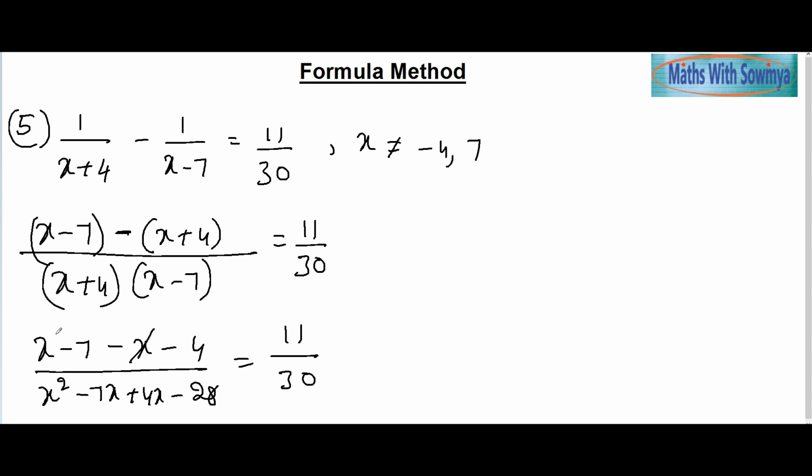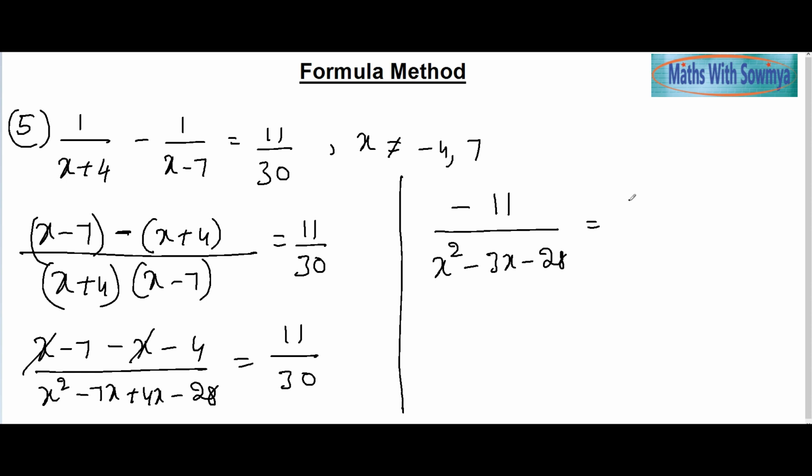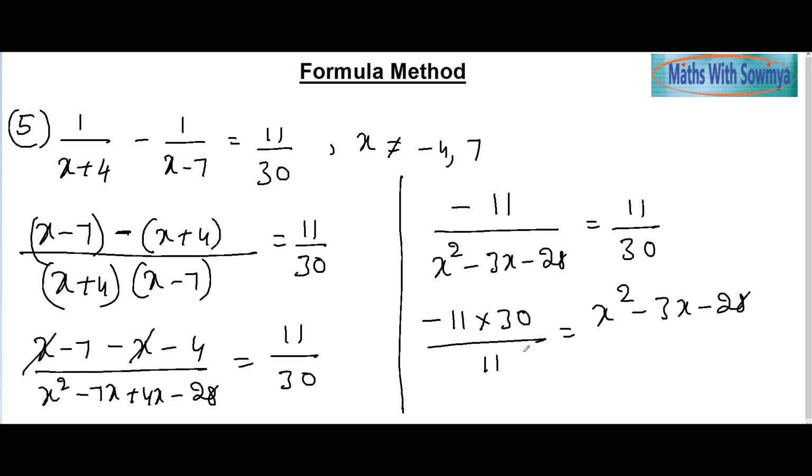So, here x and x will go. This will give me minus 11 divided by x square minus 3x minus 28, which is equal to 11 by 30. So, we can cancel: minus 11 into 30 divided by 11. This is x square minus 3x minus 28. 11 we cancel.